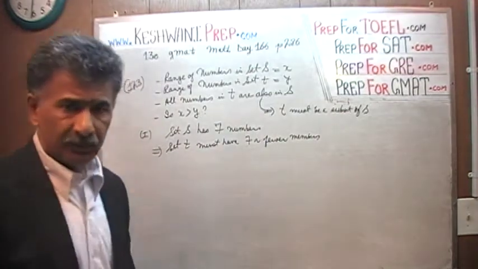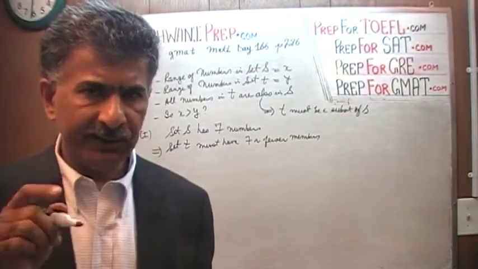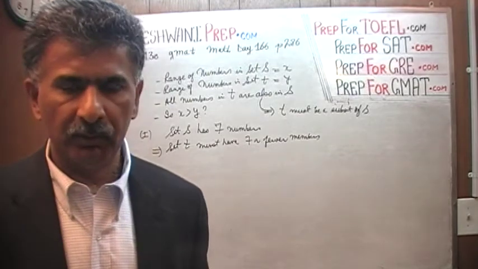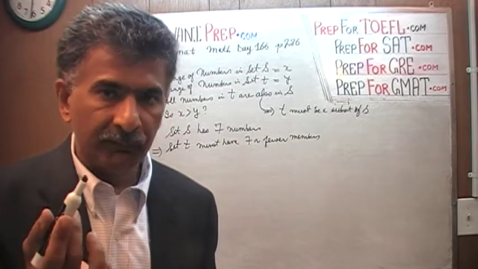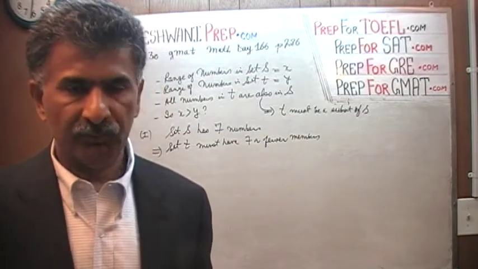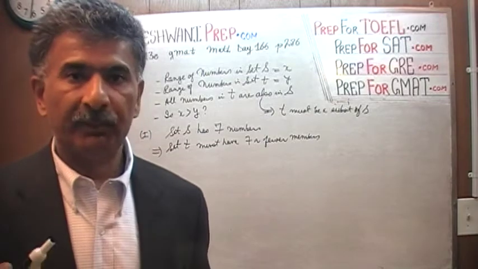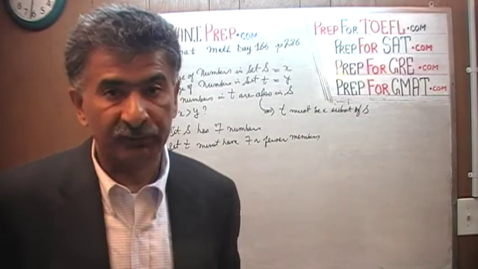Is it possible for set T to have 7 members? Of course it is. Why not? If set T has 7 numbers or 7 members, whatever you want to call it, the units in the sets are called members. Some mathematicians refer to them as elements. So set T has 7 elements, 7 members, or in this case 7 numbers, or 7 people, or 7 cars, or 7 cows. It doesn't really matter.